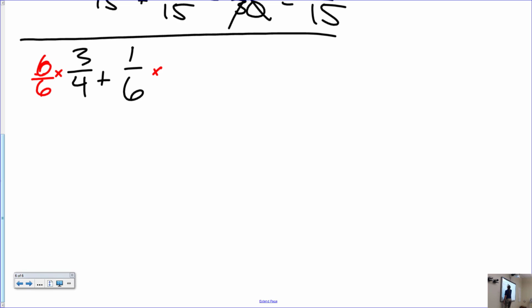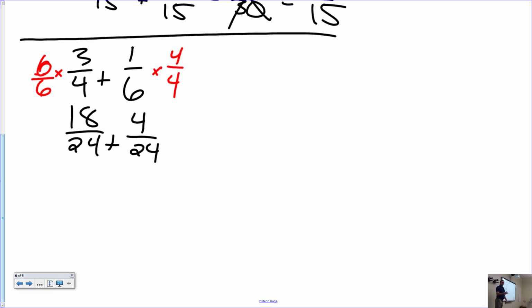This side I'm going to multiply by 4 over 4. 18 24ths plus 4 24ths. What's 18 plus 4? And what can you guys do with 22 24ths?